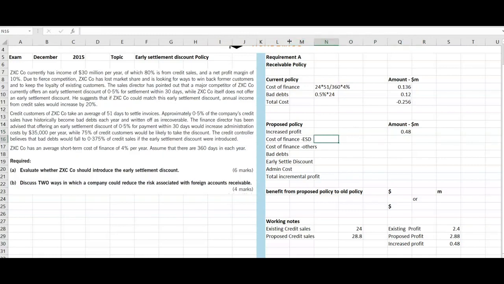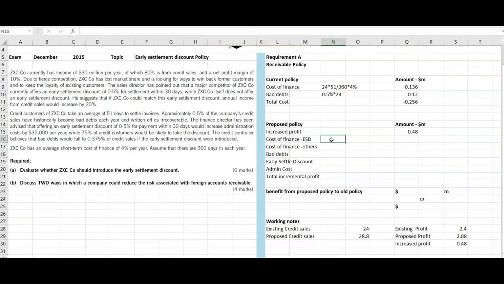So we'll find out the next items. The next item that we have to work out is the cost of finance, ESD, early settlement discount. They say that the finance director has been advised that offering an early settlement discount of 0.5% for payment within 30 days would increase the administration cost by 35,000, while 75% of the credit customers would likely take the discount.